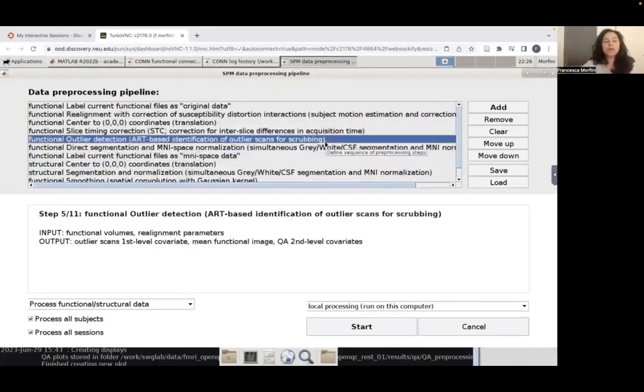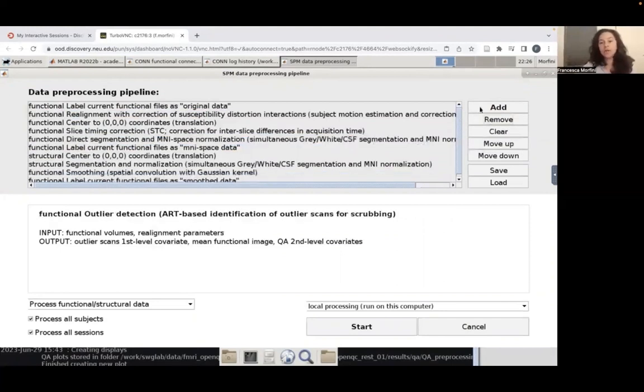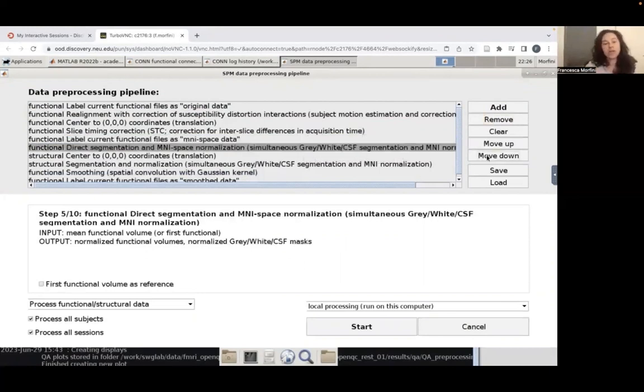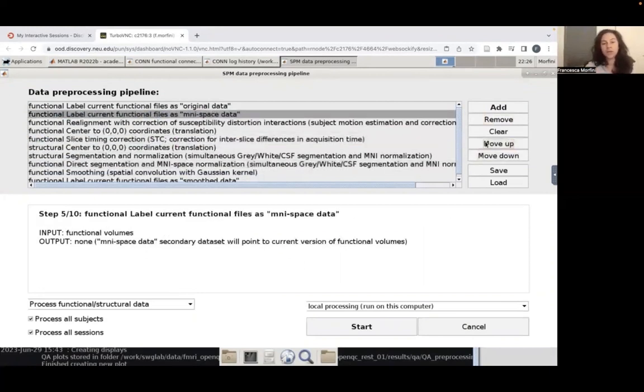So this pipeline itself can be modified by either removing or adding specific steps to apply to the data, or changing the order in which they get applied.